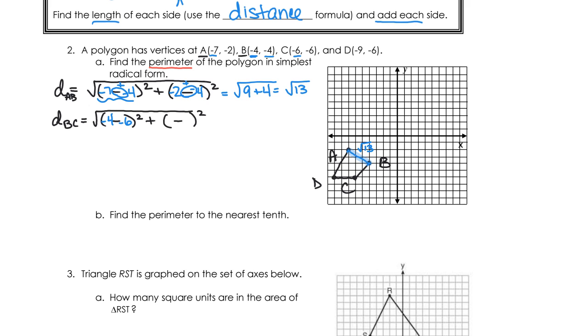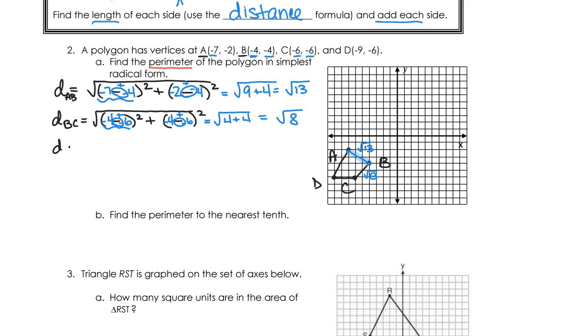And the Y coordinates are -4 and -6 also. So here, -4 plus 6 is 2, and 2 squared is 4. Here, -4 plus 6 is 2, and 2 squared is 4, and so this gives me the square root of 8. And now that side is finished.